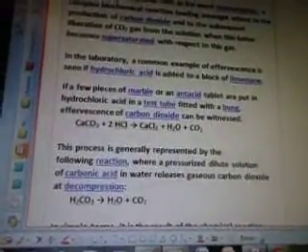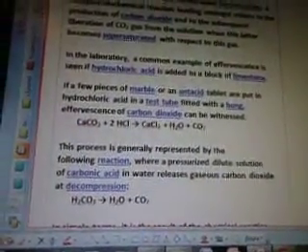In the laboratory, a common example of effervescence is seen if hydrochloric acid is added to a block of limestone. If a few pieces of marble or an antacid tablet are put in hydrochloric acid in a test tube fitted with a bung, effervescence of carbon dioxide can be witnessed.